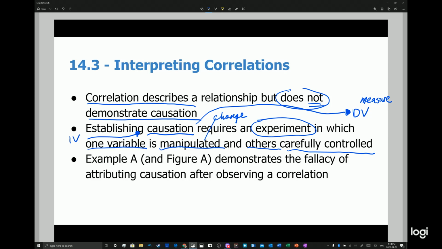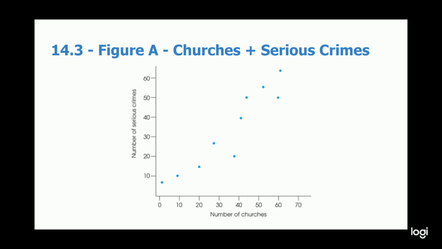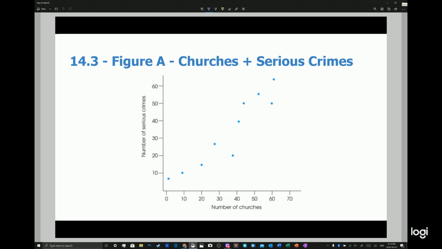So the next example here, this is the last point in this slide, shows you a case where you have a correlation, but you can't really establish or demonstrate causation with this. Here is the example. Again, the slide shows churches, but you can think of related examples if you want to think of something else.